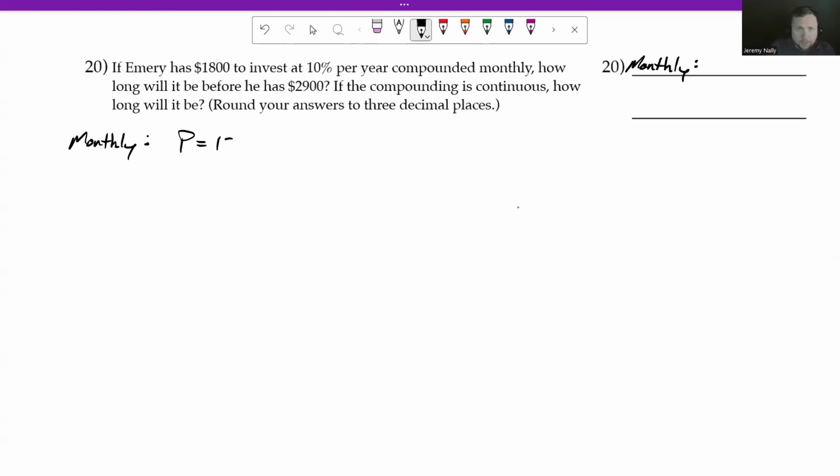So we have P is 1,800. R is 10%. So that's just going to be 0.1. Compounded monthly means n equals 12. And then they're telling us the future value is 2,900. So then they're asking what our t value is.